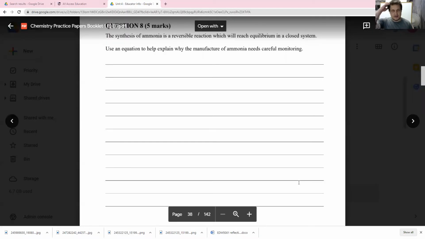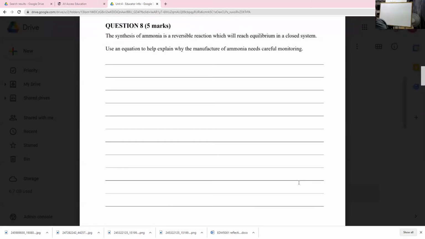Right. Kai will be familiar with this question. So, who's familiar with the Haber process? You should become very familiar with this if you're not familiar with it already. I think it would be 8 marks out of your whole exam on this one process.